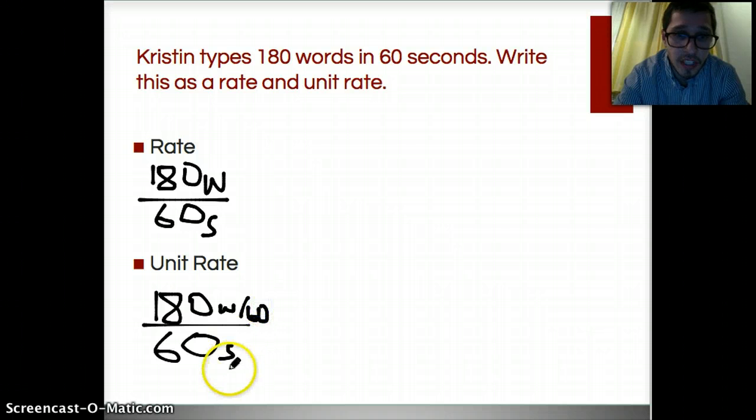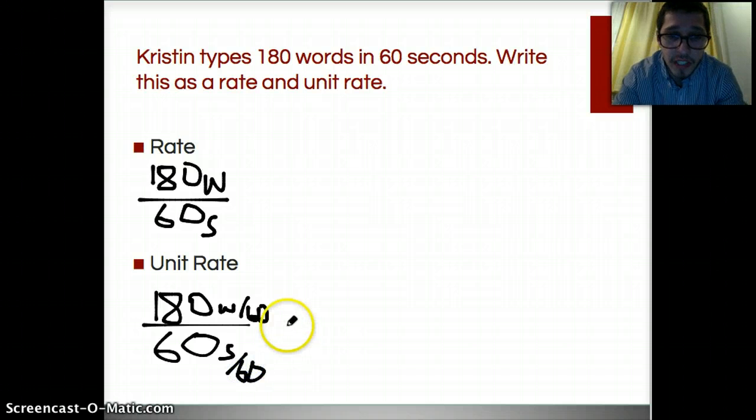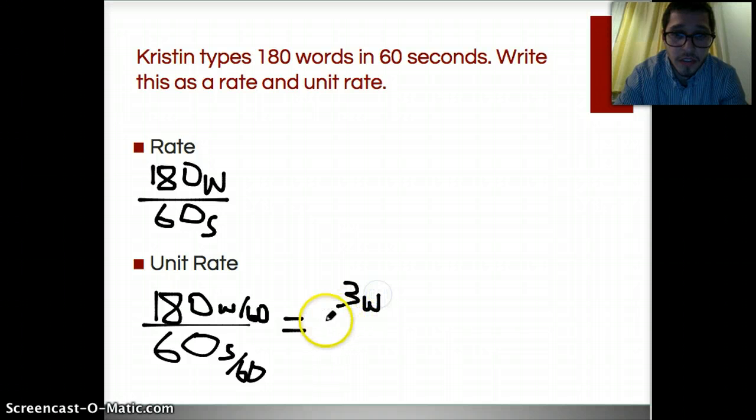Again, the point being that we want to get the denominator equal to 1. And when we do that, we'll end up getting 3 words every second.